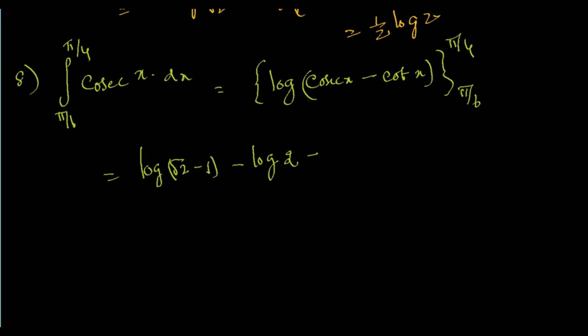Cot pi by 6 means tan theta is 1 by root 3, so this is root 3. You got this. So log A minus log B is log A by B. Log of root 2 minus 1 by 2 minus root 3. This is the answer.